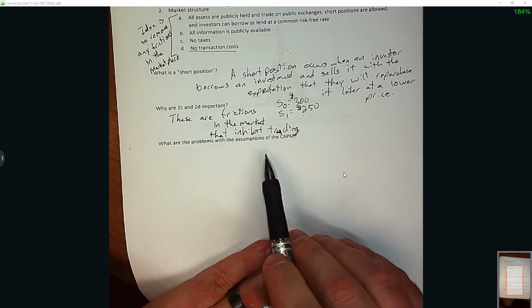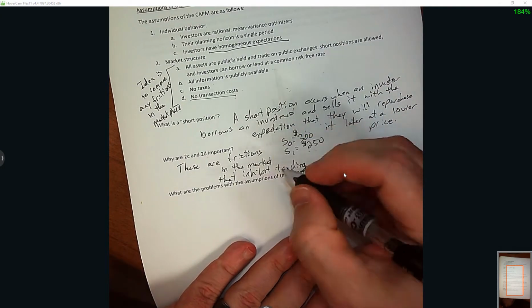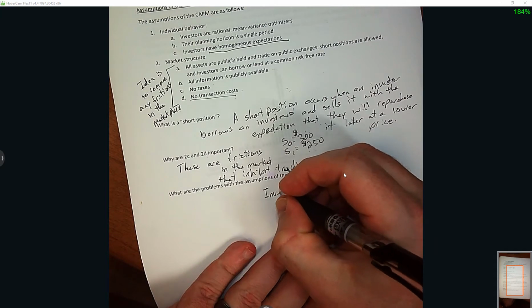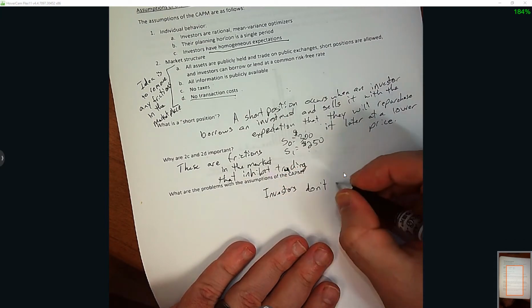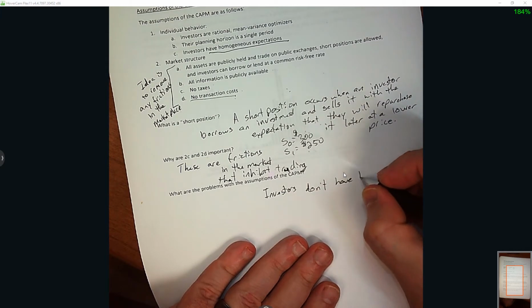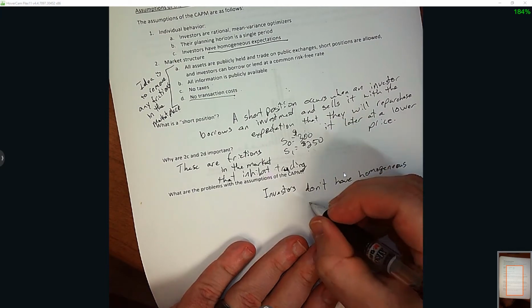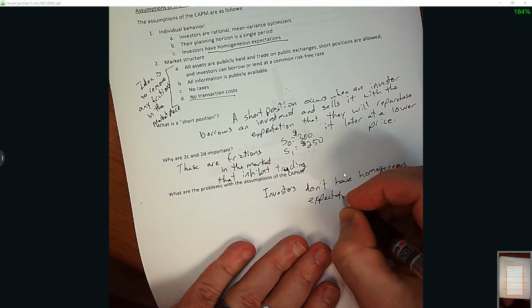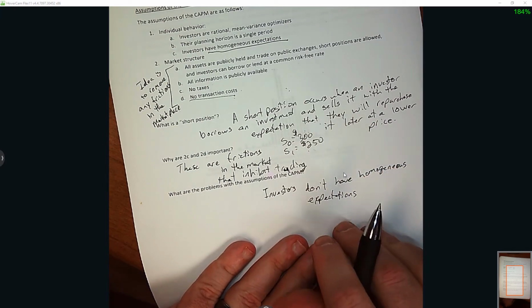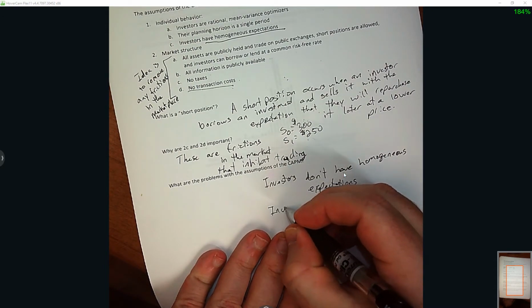So what are the problems with the assumptions of the CAPM? Well, I pointed out some of these. Investors don't have homogeneous expectations. Investors can't borrow at the risk-free rate.